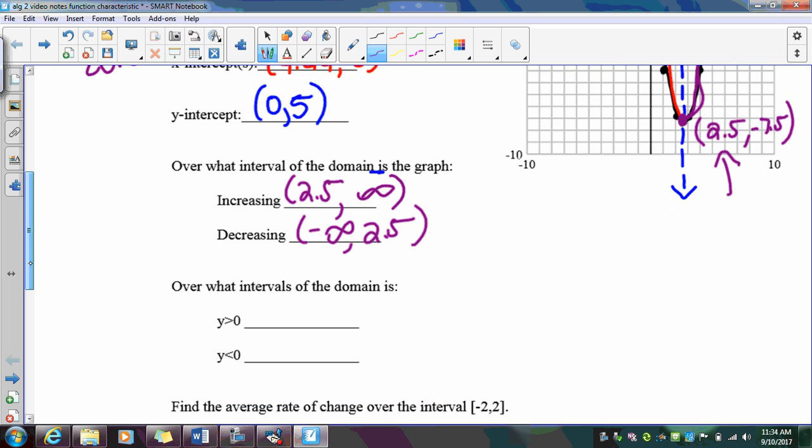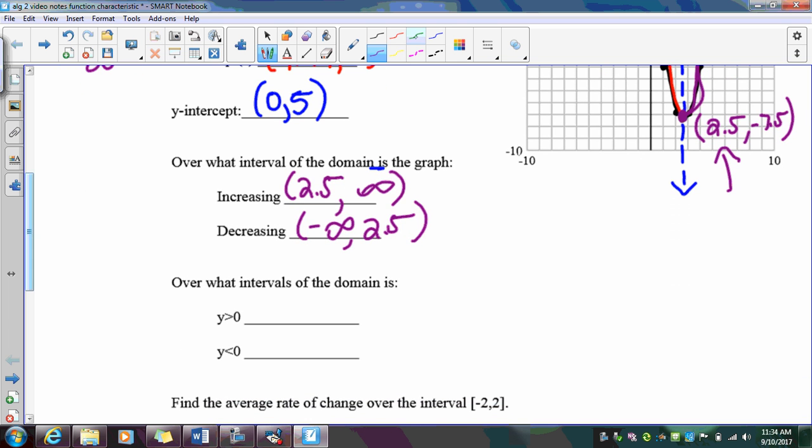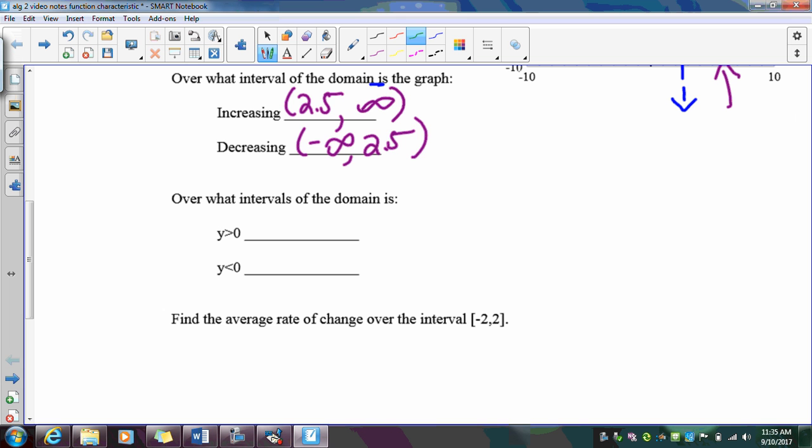Then we also have intervals of the domain where y is greater than 0 and y is less than 0. Y greater than 0 is another way of saying above the x-axis. That's where the positive y's are. And y less than 0 is another way of saying below the x-axis.